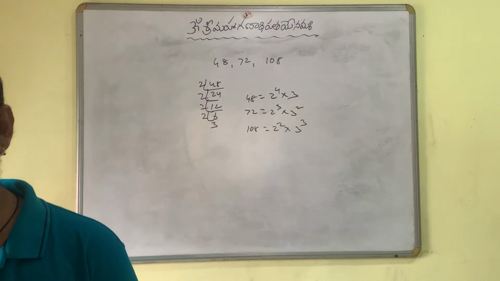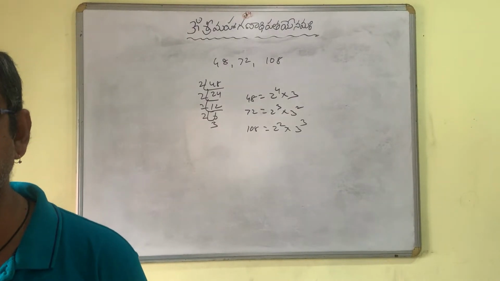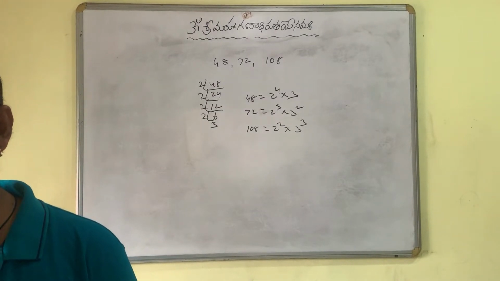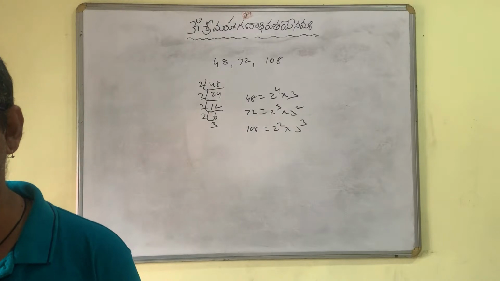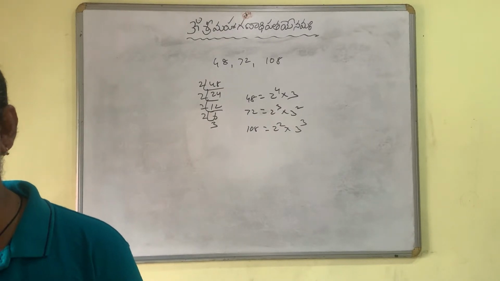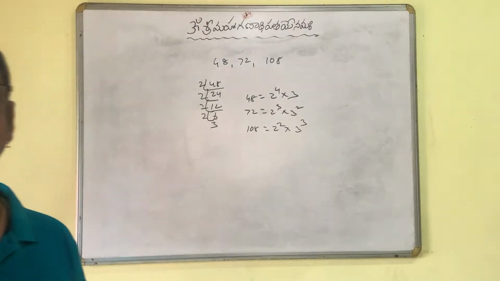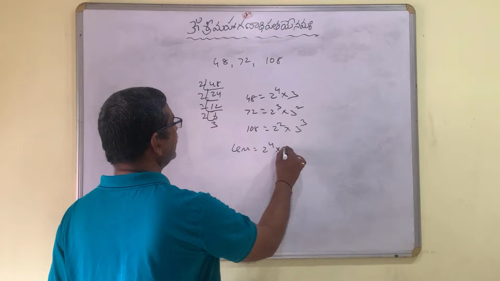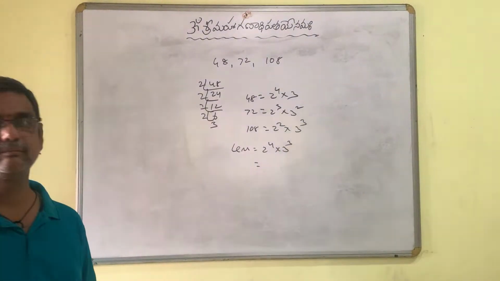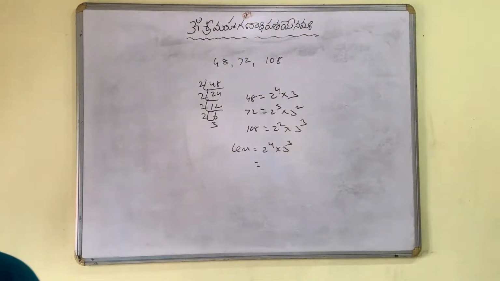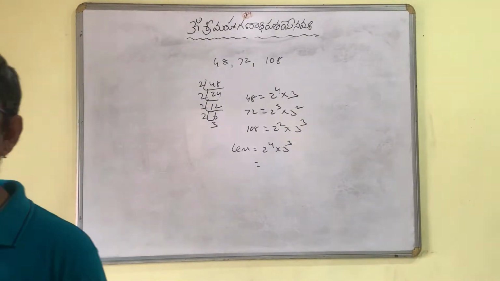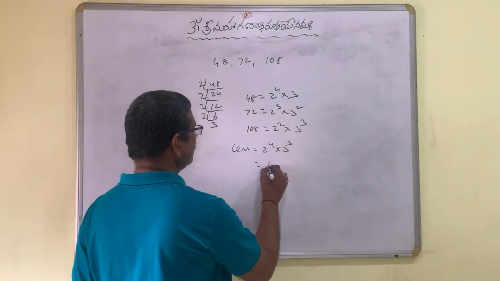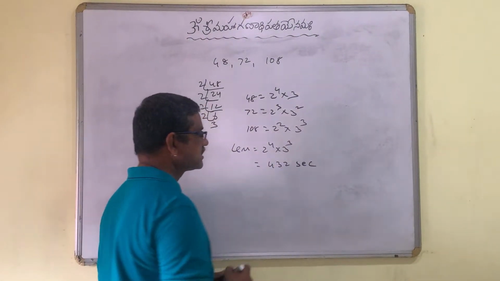Now, what is the LCM I told you, right? LCM: different prime factors with the highest powers. What do we have to take? 2 power 4 into 3 cube, is that right? 2 power 4 into 3 cube, which is 432 seconds.